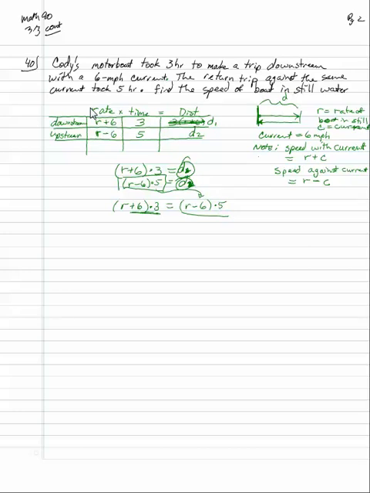Basically we're going to set them equal to each other. Alright, so distribute the 3, distribute the 5. I'm going to get R by itself. Let's go ahead and do both steps at the same time. Divide by 2, so R is 24. And that's what we were solving for. So the speed of the boat in still water is 24. Now what were these? Miles per hour. So it's 24 miles per hour.